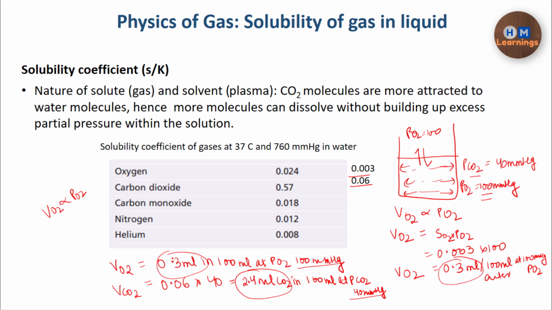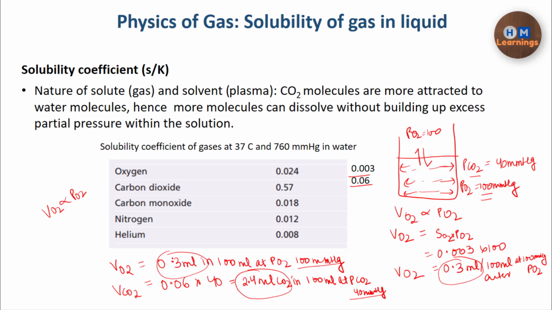So it's not only the partial pressure which defines how much volume of the gas is going to be dissolved in a liquid. It also depends on your solubility coefficient, which depends upon the nature of the gas and the solvent. Okay, so this is important, and that is how the CO2 is different.